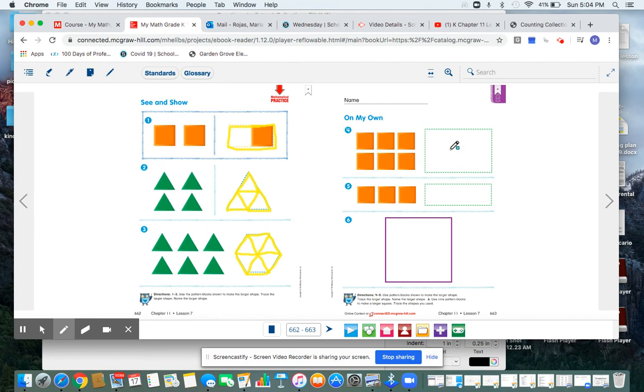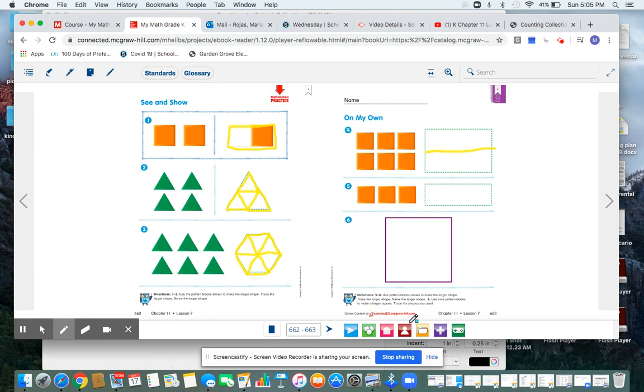So I cannot use 8 squares. I have to make sure I use 6 squares. I would cut it in half, because that would help me. So 3 would go on the top and then 3 would go on the bottom. That's how I would do it. So here you're going to create a rectangle using 3 of these squares.